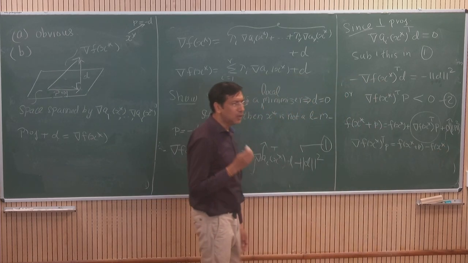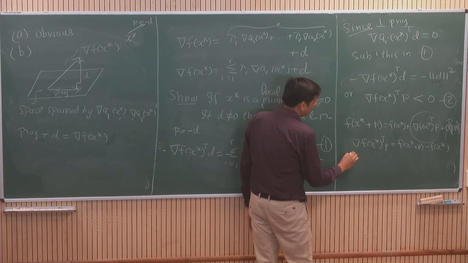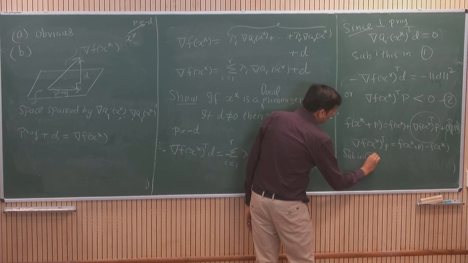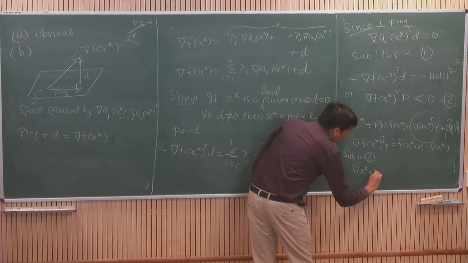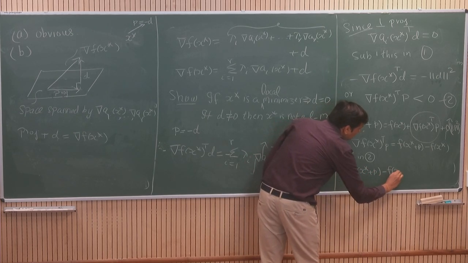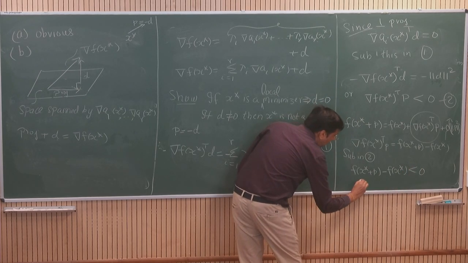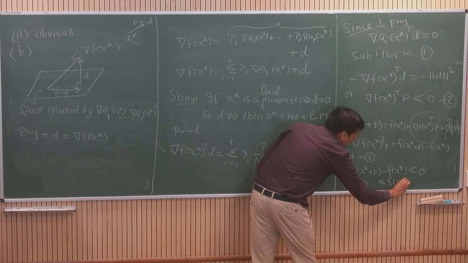Correct? I ignored the smaller terms. So now if I substitute this, then what do you get? F of x star plus p minus f of x star is less than 0, or this thing is less than f of x star.